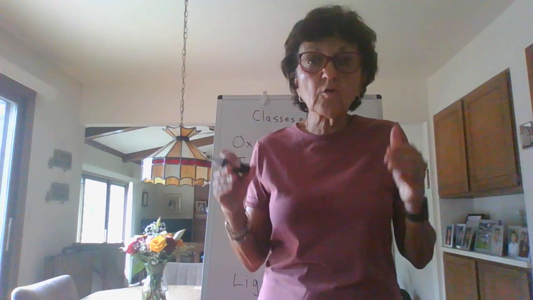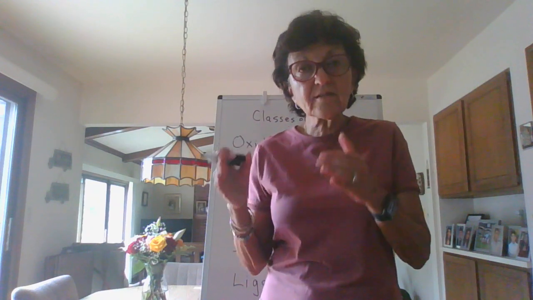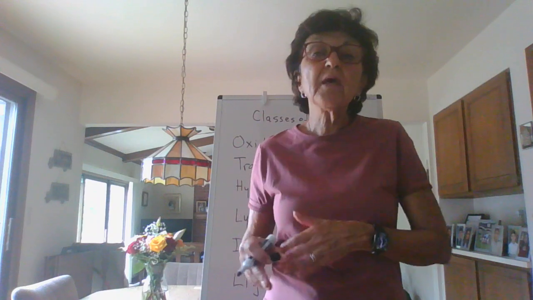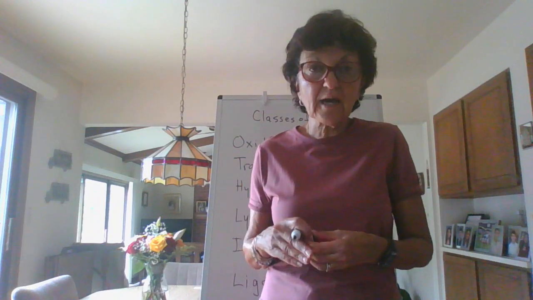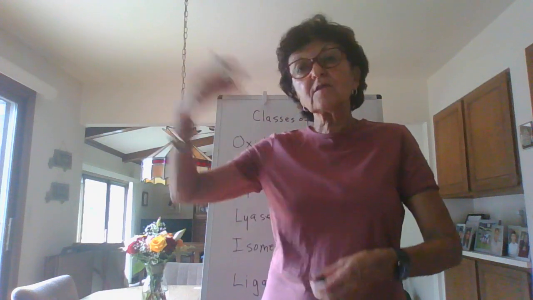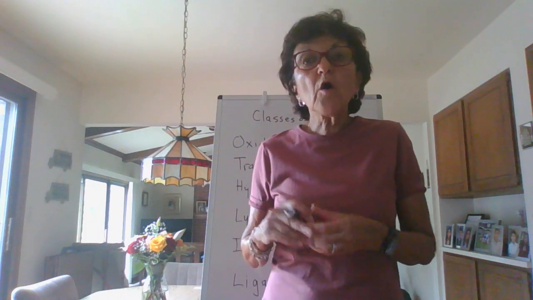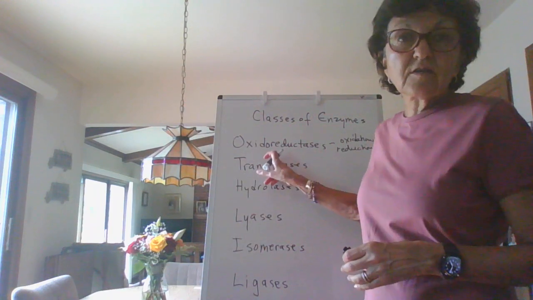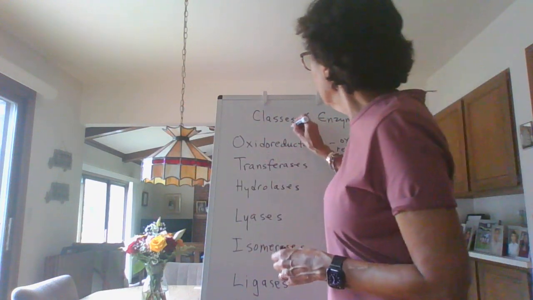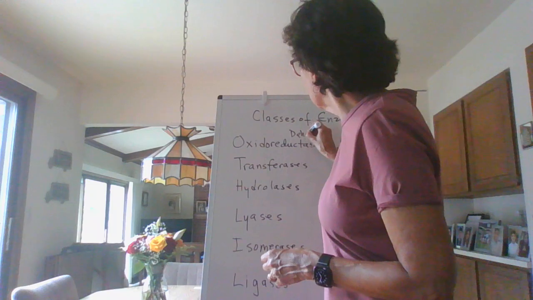So the big category of dehydrogenase enzymes, and you'll be seeing them in glycolysis and in the Krebs cycle when we get into metabolism in the next series of videos. All those dehydrogenases are under this category of oxidoreductase.